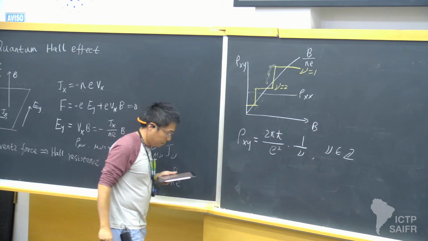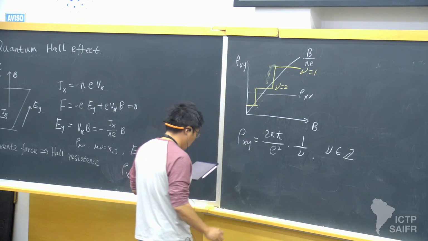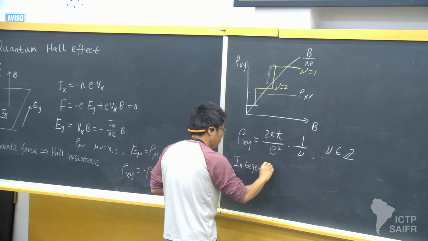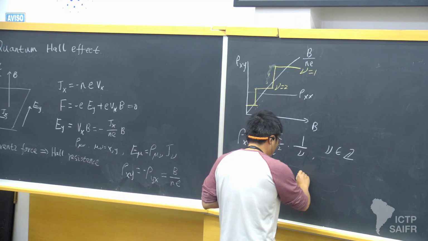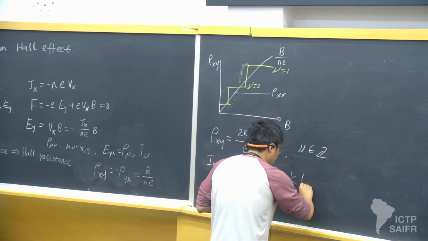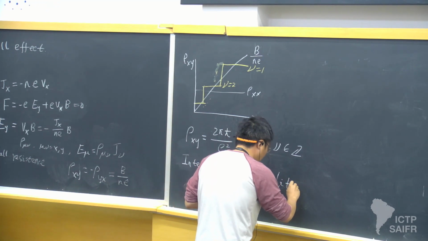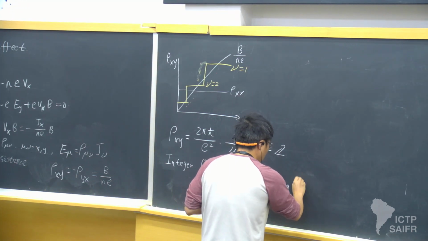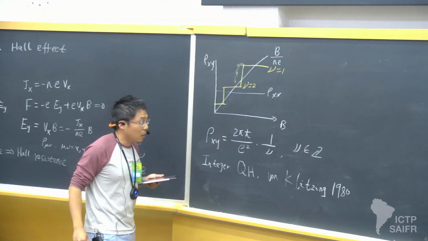That is what we call the integer quantum Hall effect, which was originally discovered by von Klitzing in 1980. And of course, he got a Nobel Prize for this remarkable discovery.